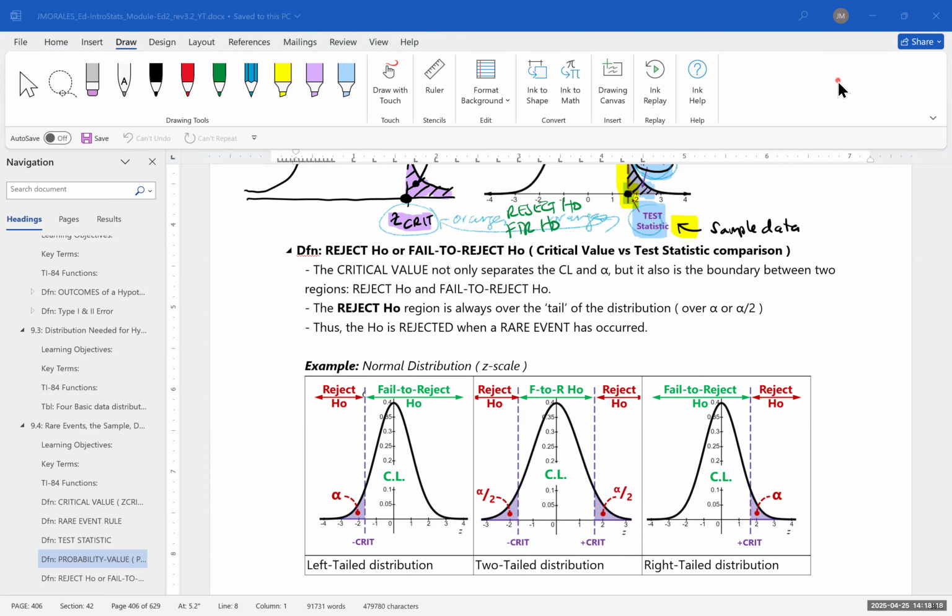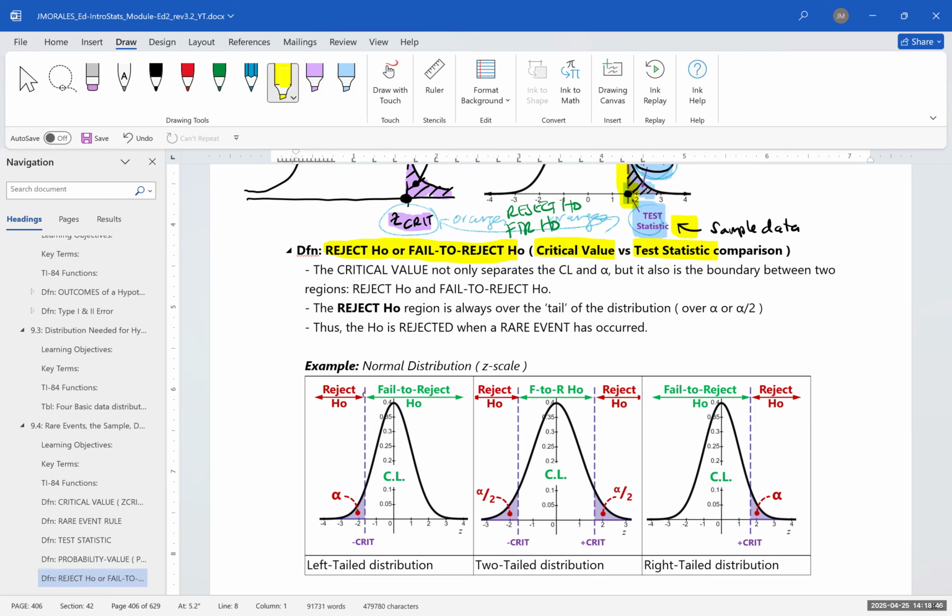Okay, so we've spent some time talking about rejecting the null and failing to reject the null. And I've spent some time talking about critical values, which come from the confidence level and the significance level. And we've talked about the test statistic, which is a unitless number that comes from your sample data.